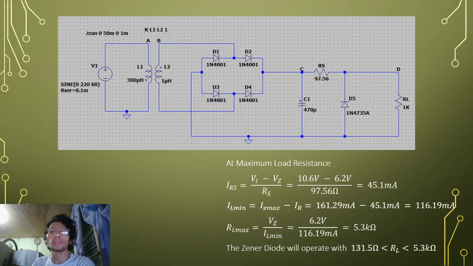And the Zener voltage still operates at the maximum load resistance. To find the current at the current limiting resistor, IRS is equal to the voltage input minus the Zener voltage over the current limiting resistance. That is 10.6 volts minus 6.2 volts over 97.56 ohms, and the result is 45.1 milliamps.